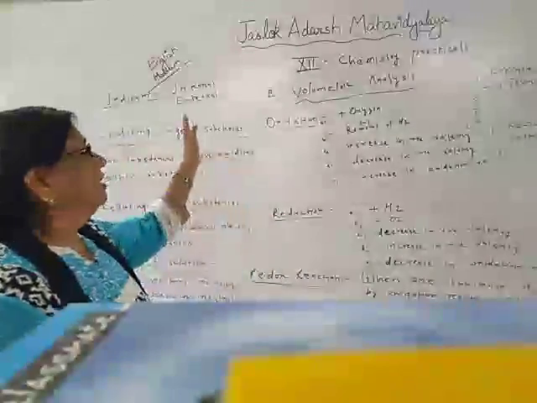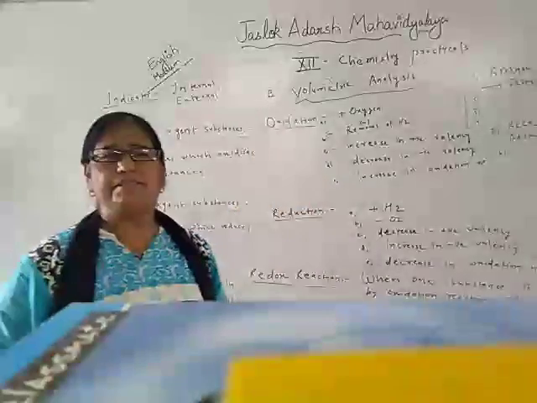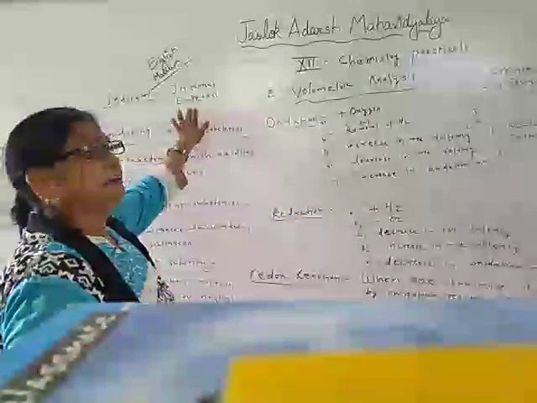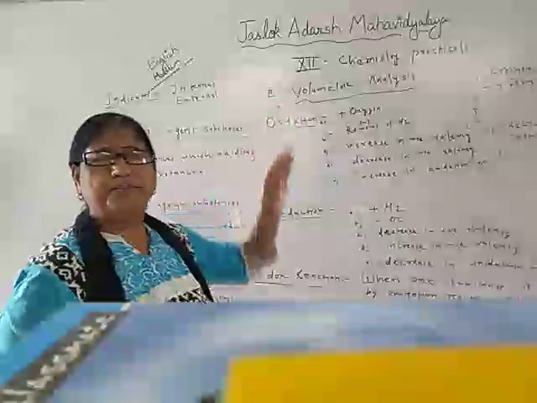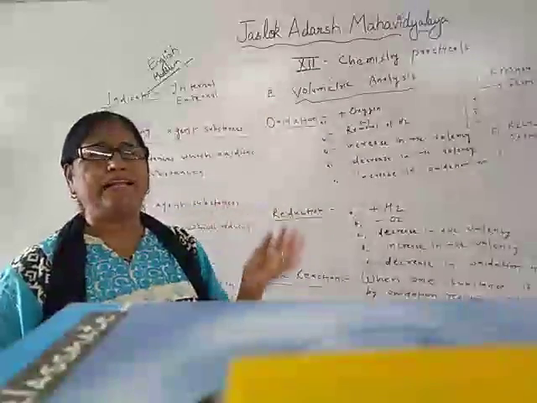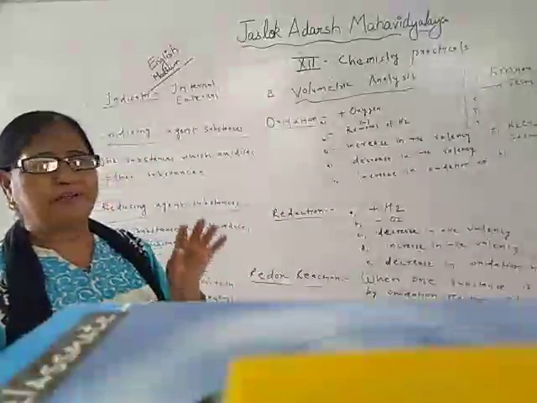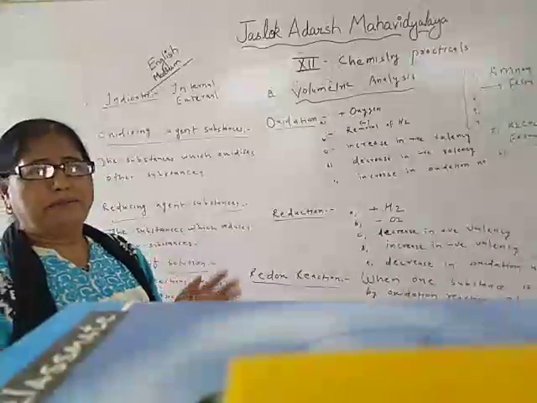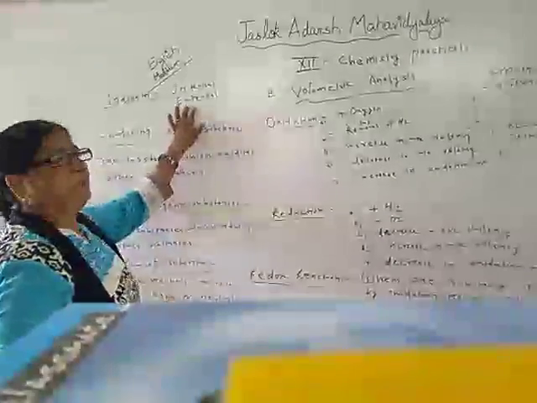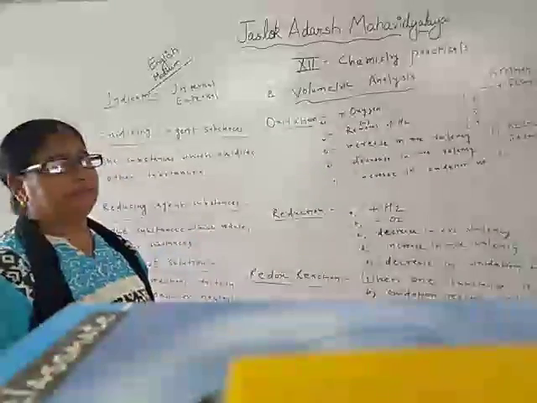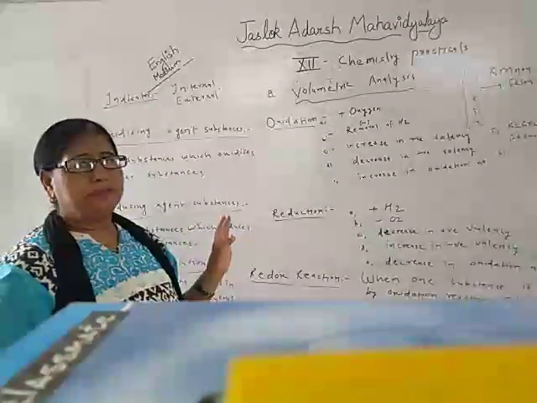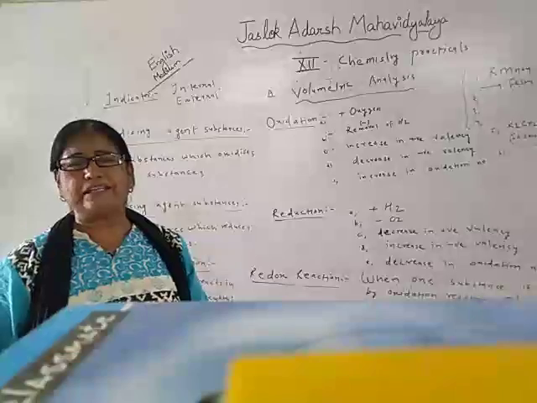Internal means some reducing or oxidizing agents work internally. That means no need of adding an outer indicator to the corresponding solutions. But in some solutions, we have to add an external indicator. Follow? So internal indicator and external indicator.